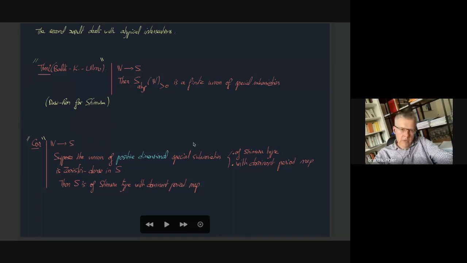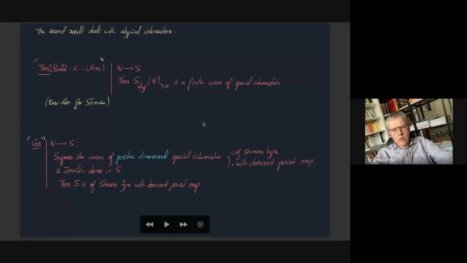But let's summarize by saying that S contains a Zariski dense collection of positive dimensional Shimura subvarieties. Then S has to be of Shimura type itself. So basically, S is an open subset in a Shimura variety. This is the content of this corollary.